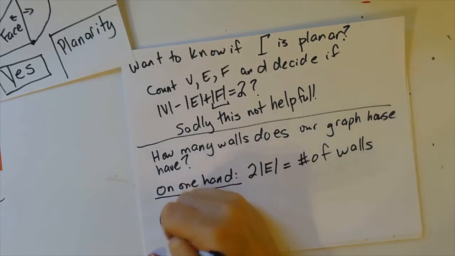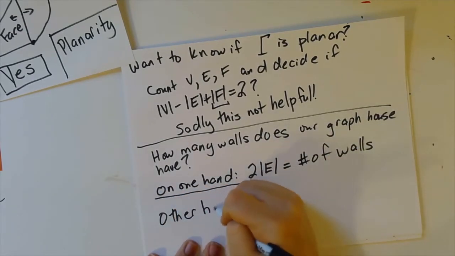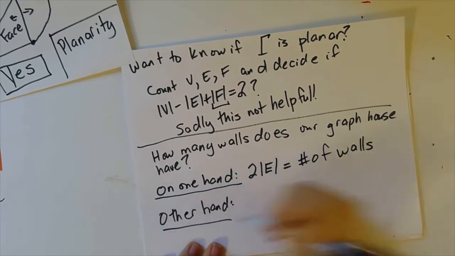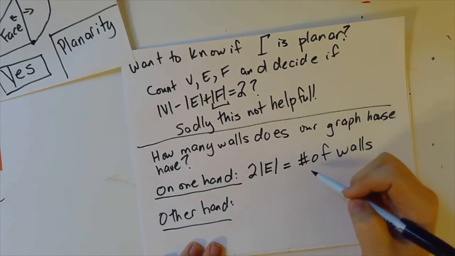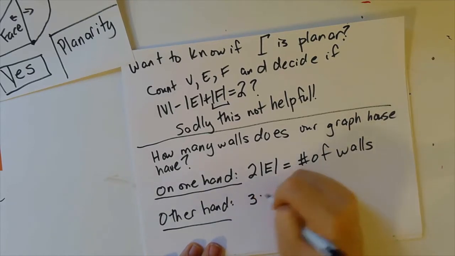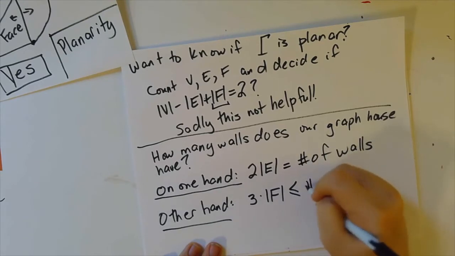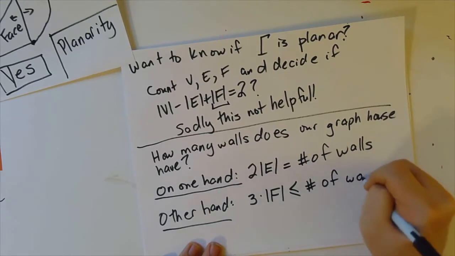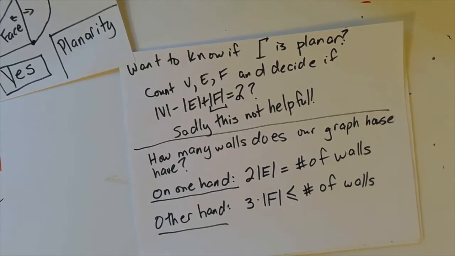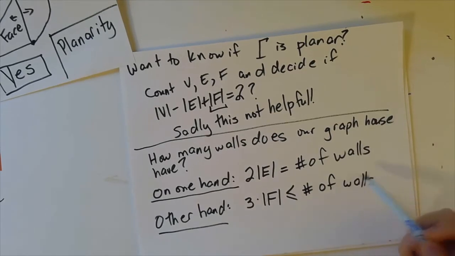on the other hand, what I'm saying here is that the number of walls is at least as big as 3 times the number of faces, because again, every room has at least 3 walls. Okay, and this could be way bigger.